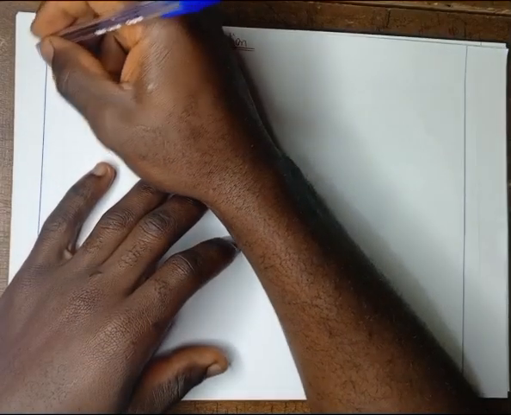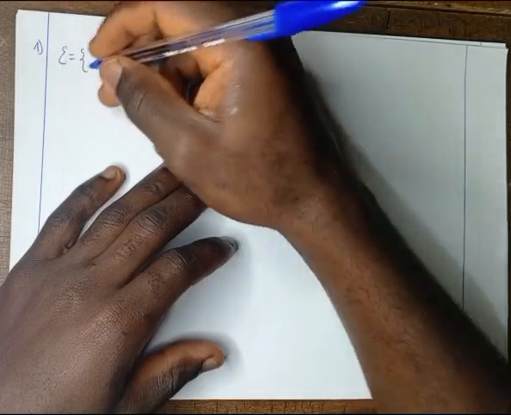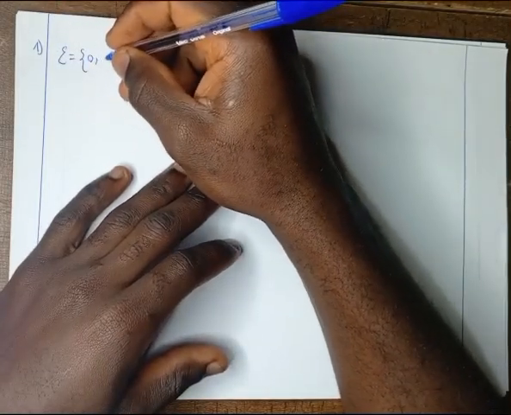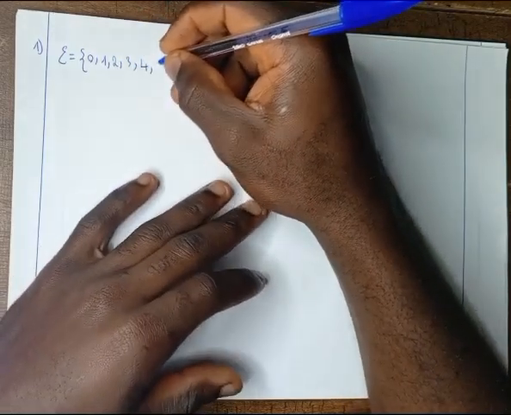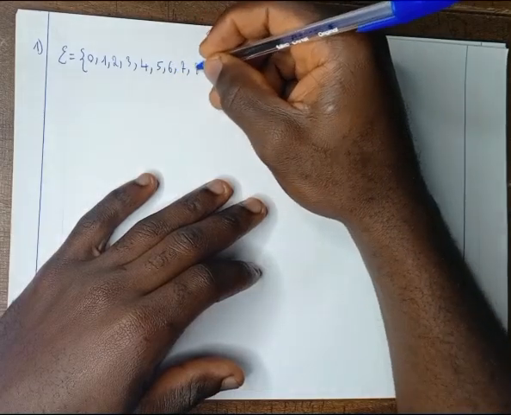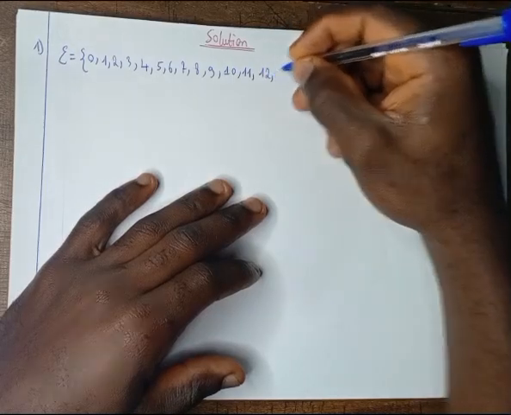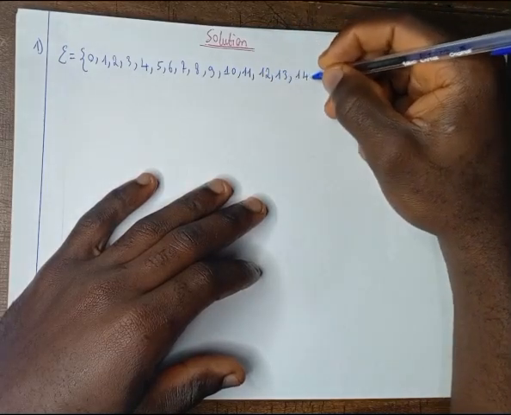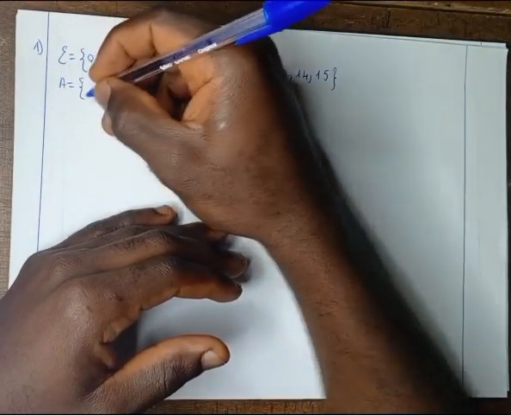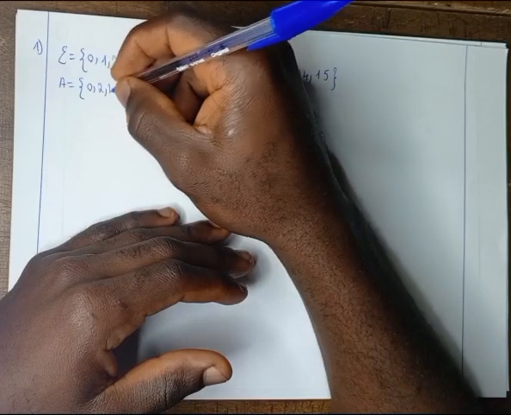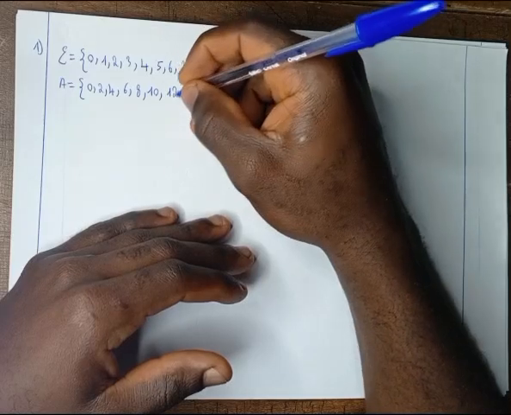We are going to start by writing down the sets. First, we have the universal set. This is how we denote the universal set. It has elements 0, 1, 2, 3, 4, 5, 6, 7, 8, 9, 10, 11, 12, 13, 14, and 15 is the last element. We have the set E, which has elements 0, 2, 4, 6, 8, 10, 12.